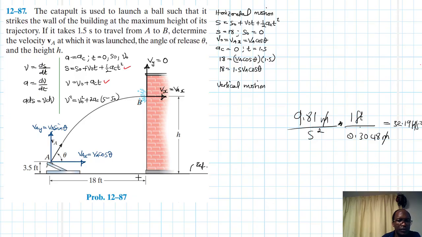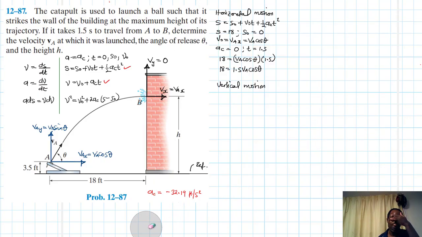Okay, therefore our AC is just going to be equal to our constant acceleration, which is the acceleration due to gravity, minus 32.19 feet per second squared.